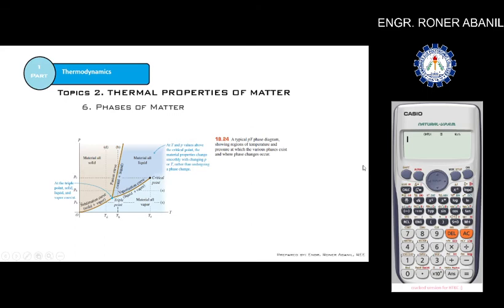So, makikita nyo dito yung tinatawag natin na typical PT phase diagram na nag-show ng temperature and pressure at which the various phases exist and where phase changes occur. So, doon sa first topic natin, each phase is stable within a certain range of temperature and pressure, no?